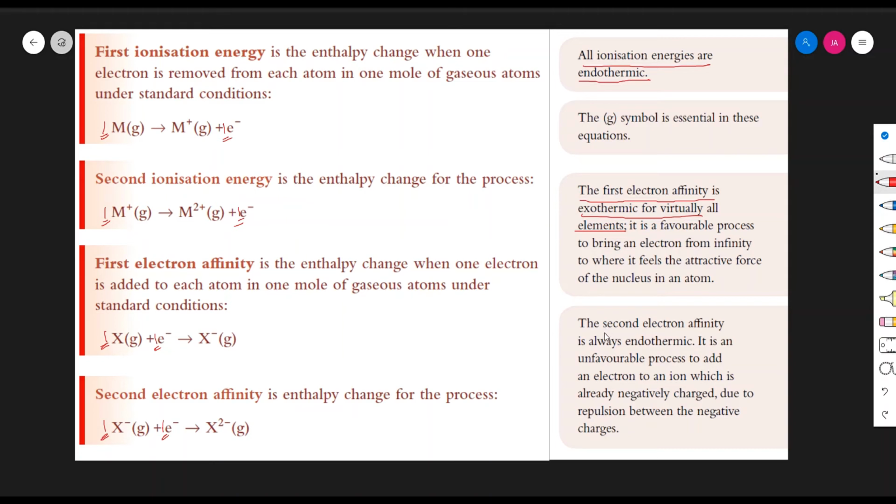This is stated over here. The second electron affinity, or any other successive electron affinity, second, third, fourth, and fifth, are always endothermic processes, because it is an unfavorable process to add an electron to an ion which is already negatively charged due to the repulsion between the negative charges. This was covered in topic 3, and this was just a revision.